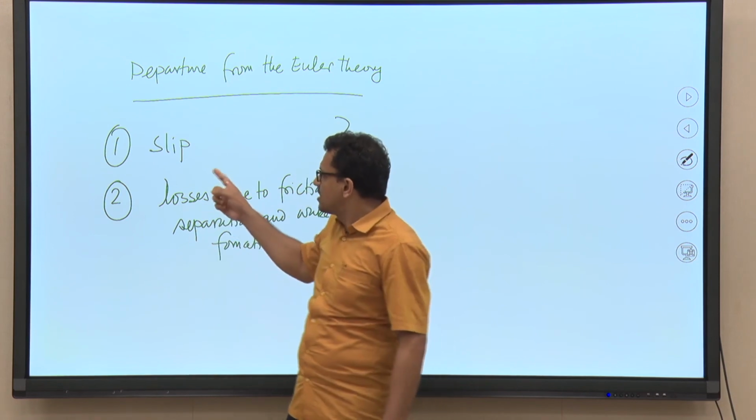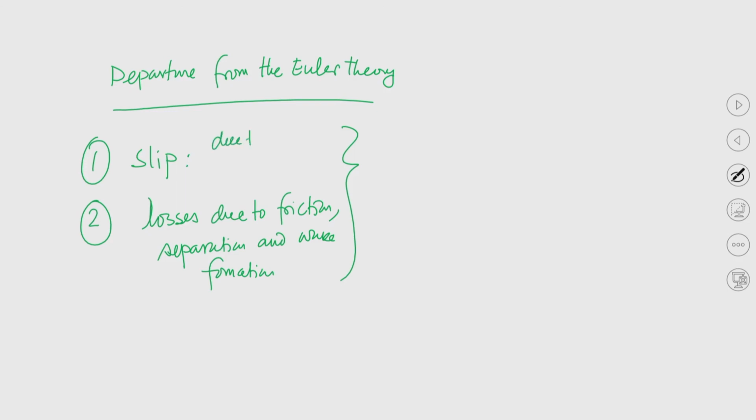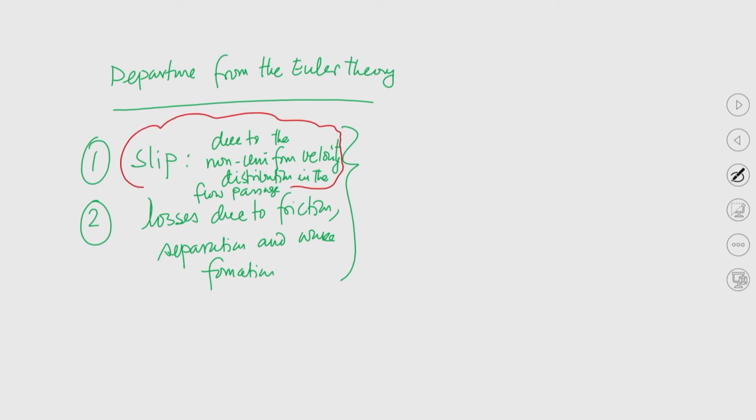So, the two reasons are, one is slip, and that is definitely due to the non-uniform velocity distribution in the flow passage, and the second one is the losses due to friction, wake and separation.